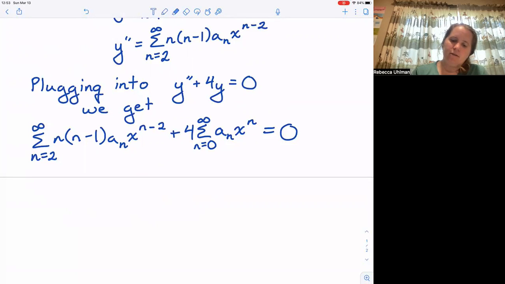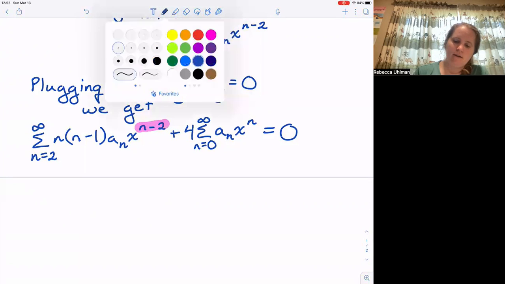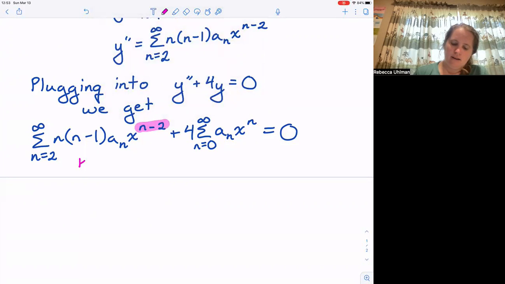We can do our shifting of index. So we have x to the n minus 2 in our simplified version. Let's shift that. Let's set k equals n minus 2.